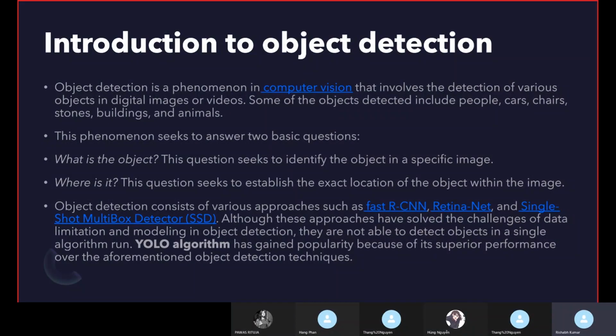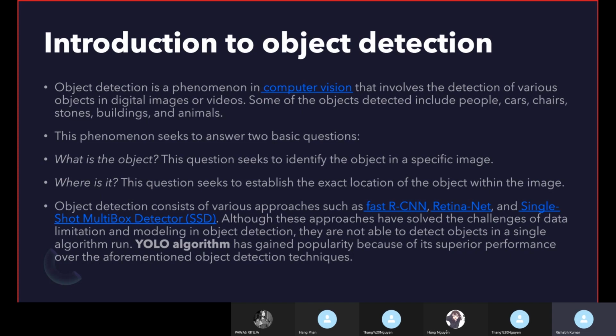That is, what is the object that we want to detect in a video or an image? And where is that object? That is, where is the location of that object in a certain image or in a certain frame of a video?